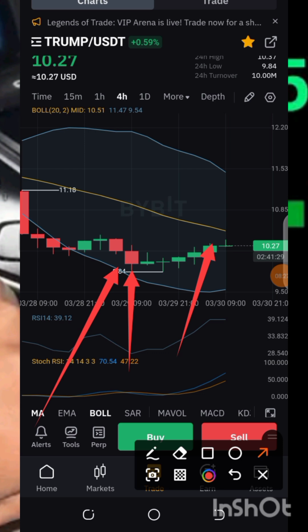I exit the market. But some people are still in the market, still holding their coin. And what you might see that will happen is that there might be a pullback from this particular place, and it will cross down again, crossing below where I bought the first one. Okay, so by that time you are in a loss. So this is a market you need to treat with care.